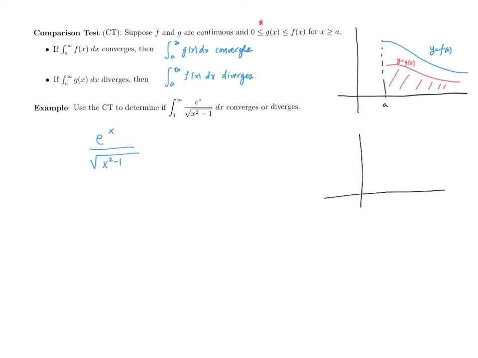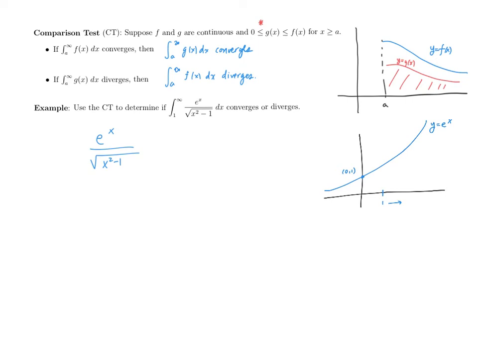Graphically, if we want to visualize e to the x, we have the standard exponential growth curve, and note it goes through the y-axis at this point 0, 1. And we're thinking, specifically, what's happening to the right of 1?